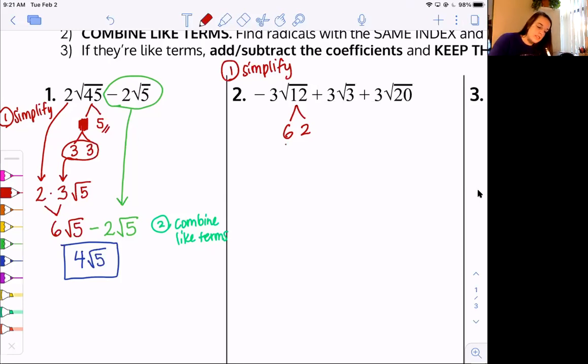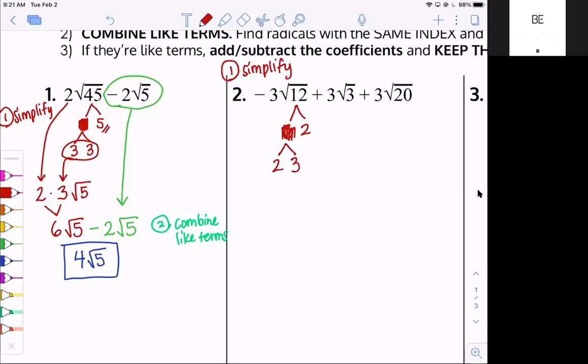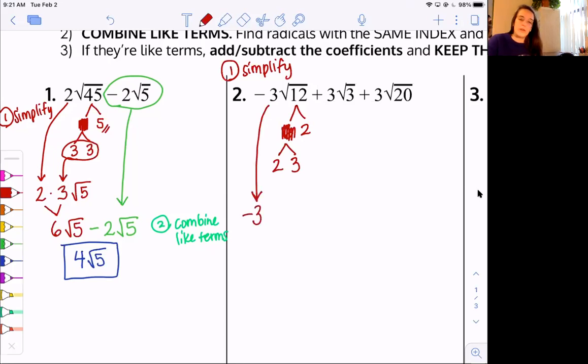All right, so then 6. Roxana, how can I break down 6? 2 and 3, perfect. So I have the -3 from before. Do I have a pair here? Do I have 2 of a kind?